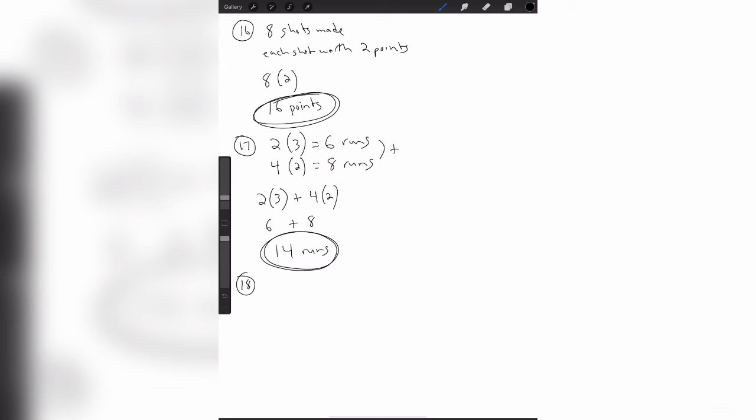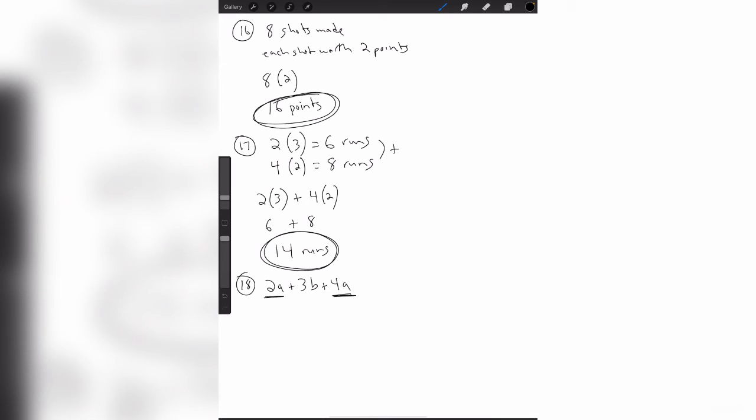Number 18 says simplify by combining like terms. All right, so we have 2a plus 3b plus 4a. Now we want to start combining like terms. And you can combine like terms if they have the same variable. a is different from b.